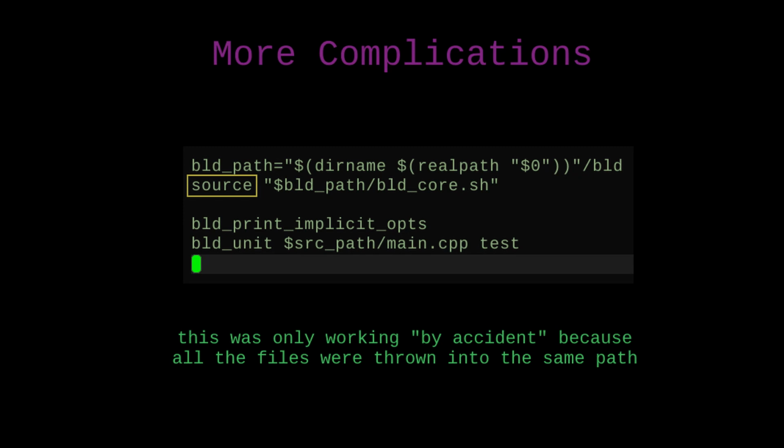And when you do the trick to find your path, you end up just getting the path to the user script, which doesn't solve the problem, because now we're saying the user scripts can move around and be anywhere, and the BLD core script is supposed to find itself no matter where it is in relationship to everything else in the system.